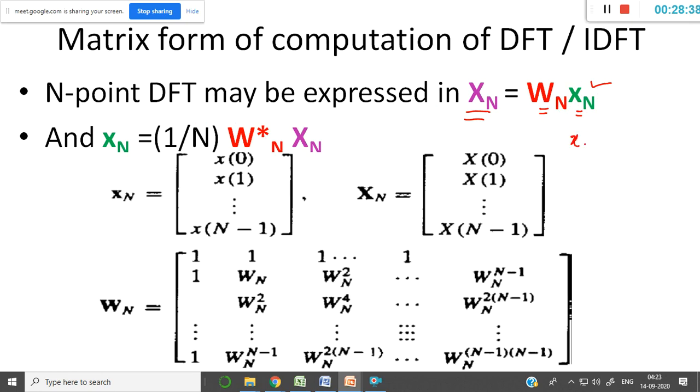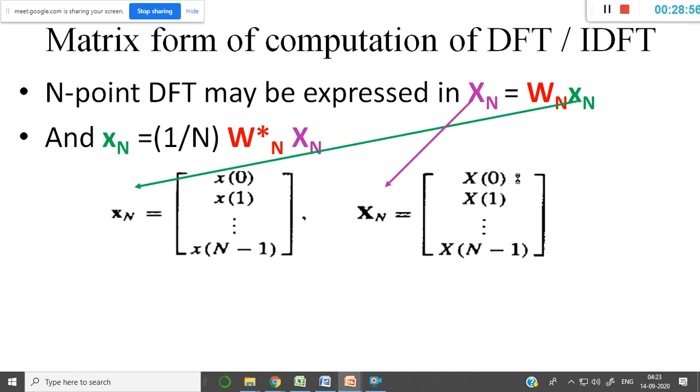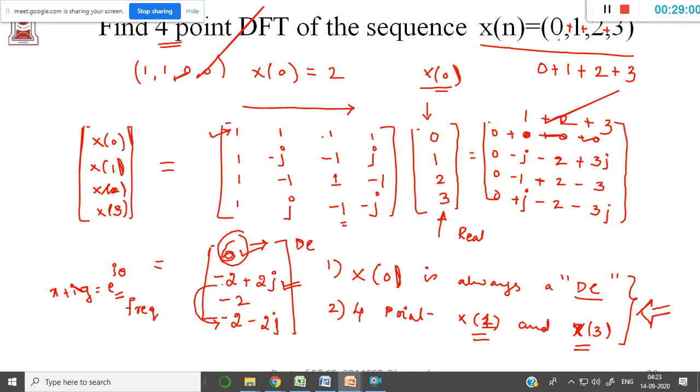Whenever you want to find this small x of n, it is nothing but WN conjugated, multiplied with your DFT sequence. Going back to the previous slide, here WN will be conjugated for the IDFT calculation.